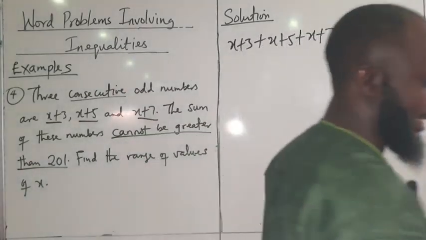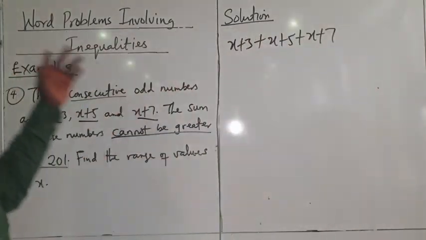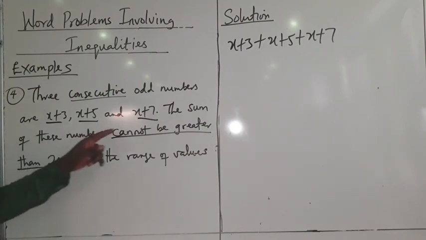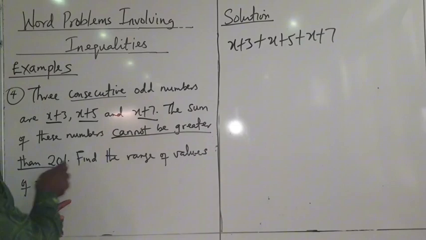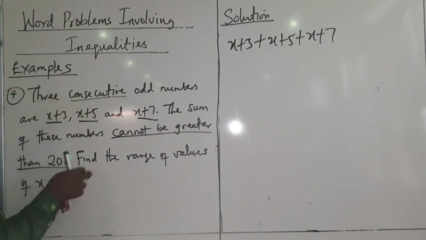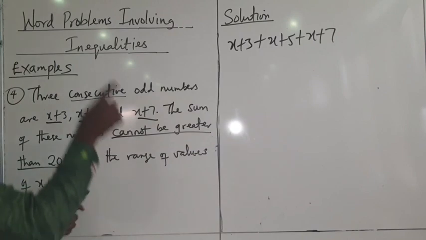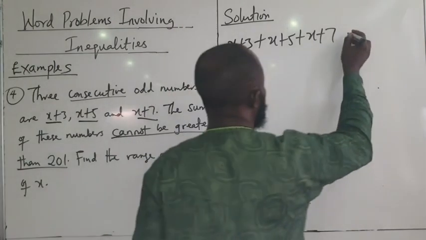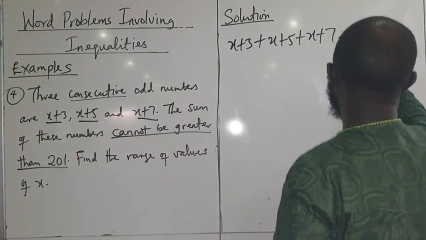So how do we interpret that? It's just like the third example we explained now. Cannot be greater than means either this number is equal to 201 or less than it. So cannot be greater than means less than or equal to 201.